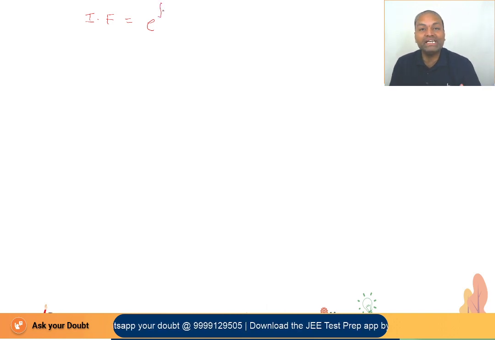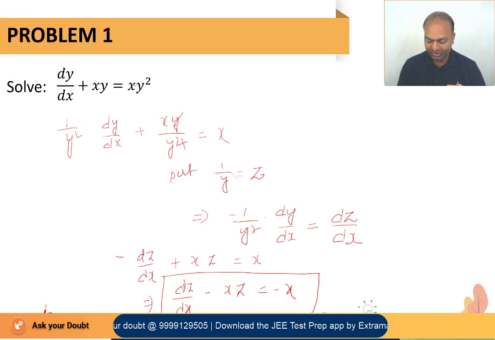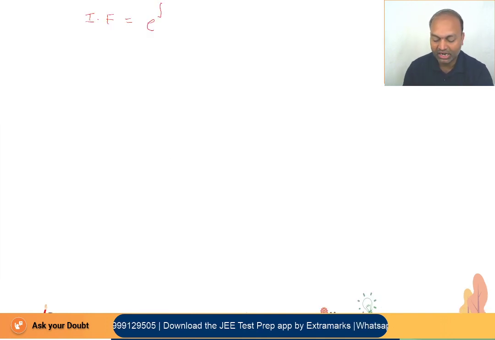The integrating factor formula is e power integral p dx. What about p? See here, the p value is the z coefficient. What about the z coefficient? Minus x. So here I am writing minus x.